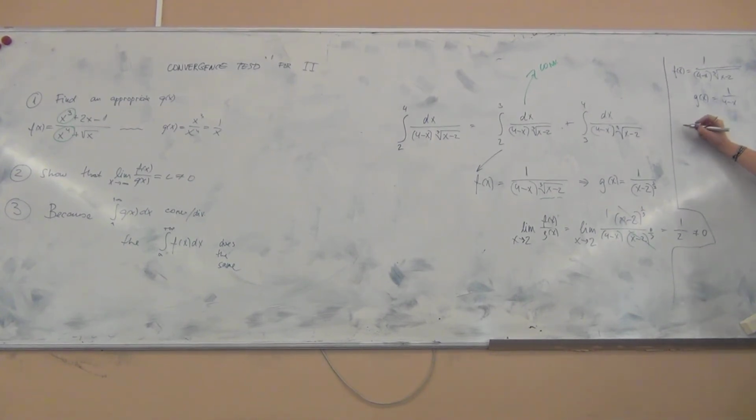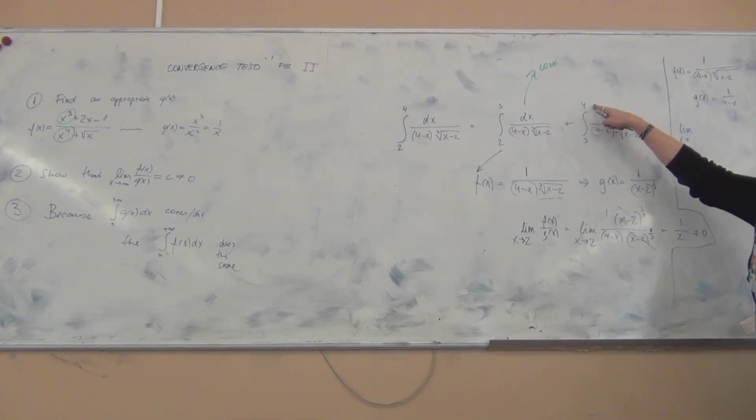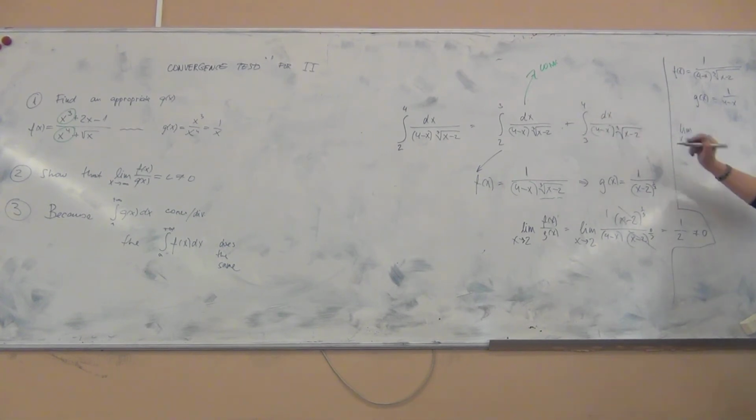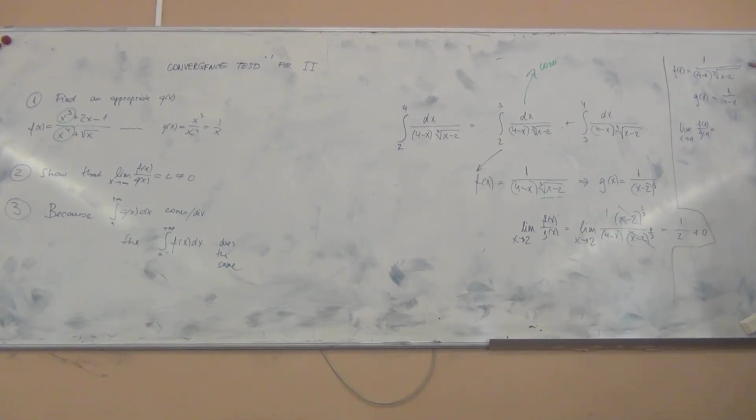So now, obviously, again, we look at the limit as x tends to, now in this case, 4 is the dangerous point. For the second integral, x tends to 4 of f over g. If I take this divided by this, I just get 1 over cube root of x minus 2 when x tends to 4, which is 1 over cube root of 2, obviously, if I put 4 instead of x.